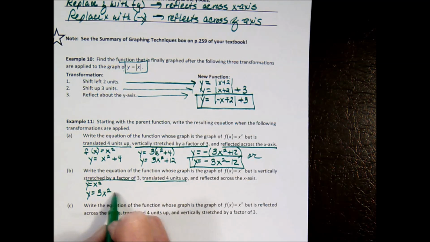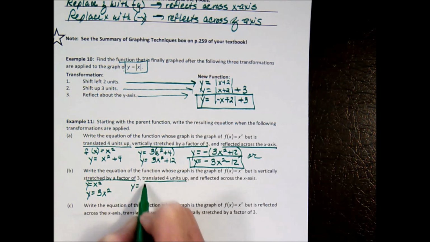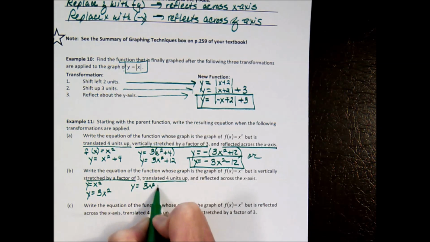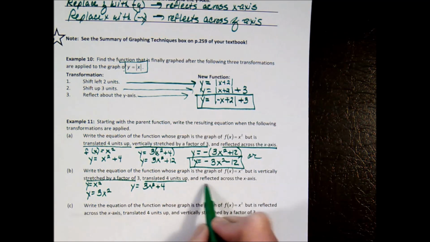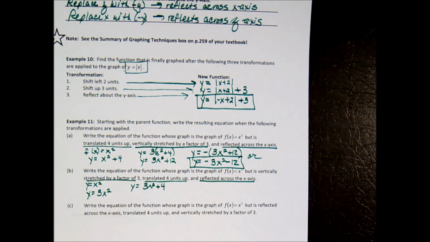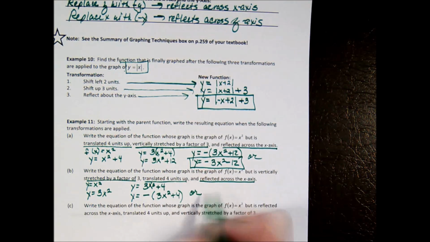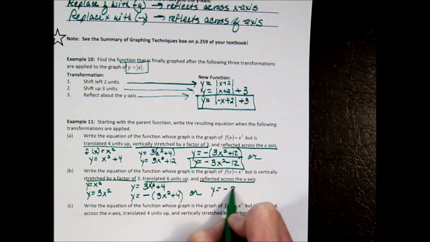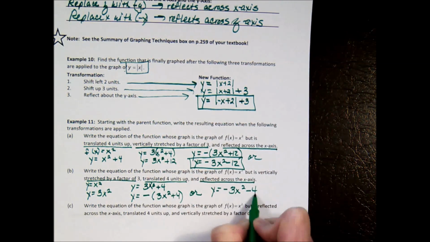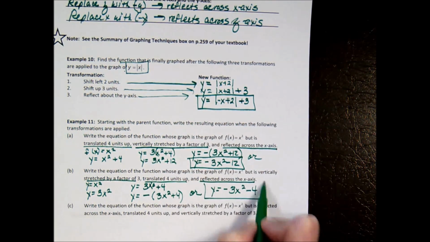So y equals 3x squared plus 4. And now we're going to reflect across the x. So that means the whole thing has a negative in front, 3x squared plus 4, or y equals negative 3x squared minus 4, because that negative applies to everything on that right-hand side.